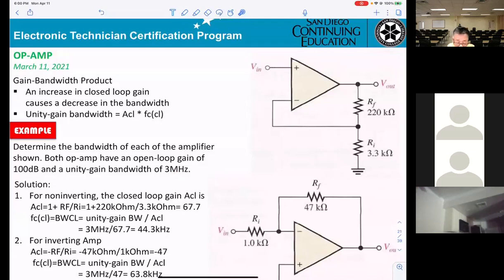So basically from this formula here, that gives you FC, which is what you want to calculate. That will be the unity gain bandwidth divided by ACL.